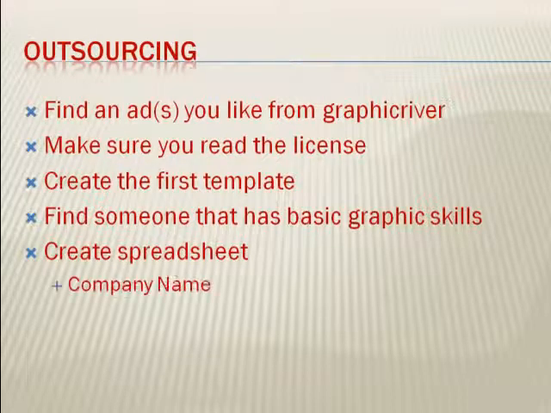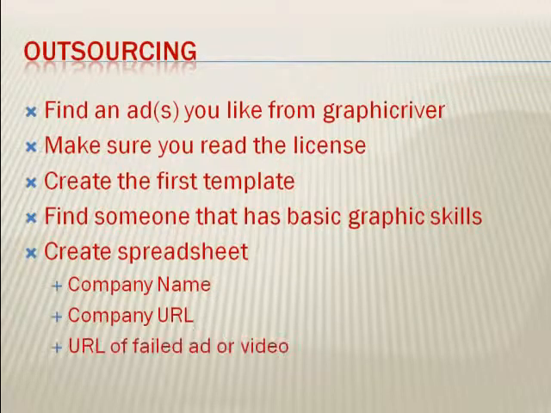When you create a spreadsheet, it should contain the company name, the company URL, meaning the website if they have one. If they don't have one and they're using Facebook, then put that down and make sure you note that, because your goal here is to figure out what they're attempting to do.